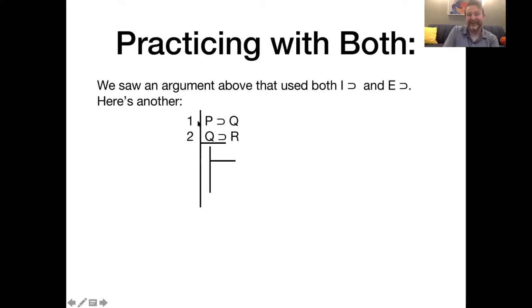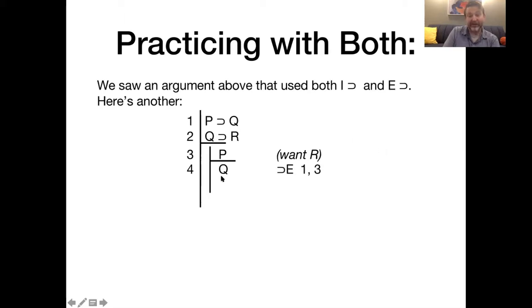So the idea is that once we have this antecedent, then we can infer this consequent. And once we have that as the antecedent of this step, we can infer this consequent. So we want to demonstrate that if P, then R. So what we do is we can assume P here. And again, we know that we want to end up with R at the end of this chain of reasoning. That is this subproof.